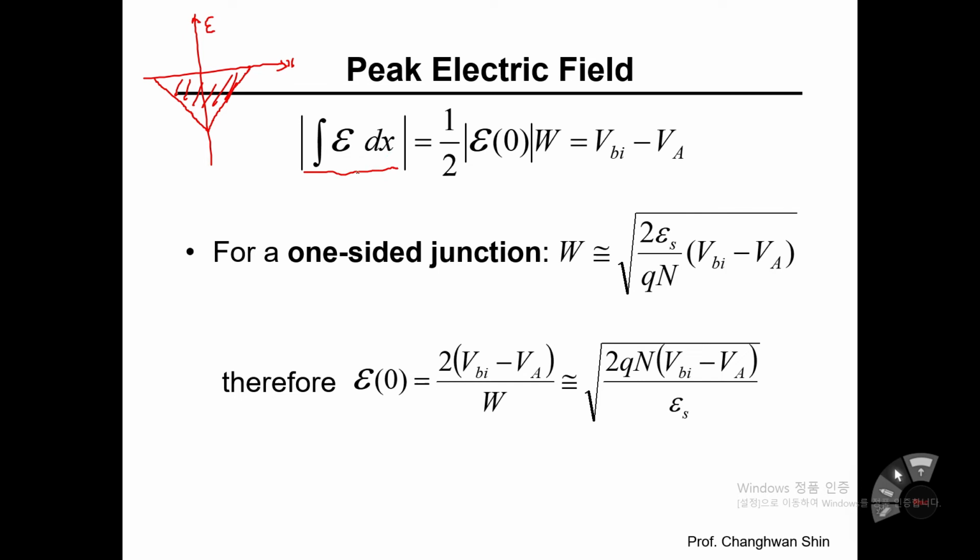So we have done this, and that value corresponds to the VBI, built-in potential, minus VA. But the easiest way to estimate the area is to calculate the area of a triangle, right? So this and that height.